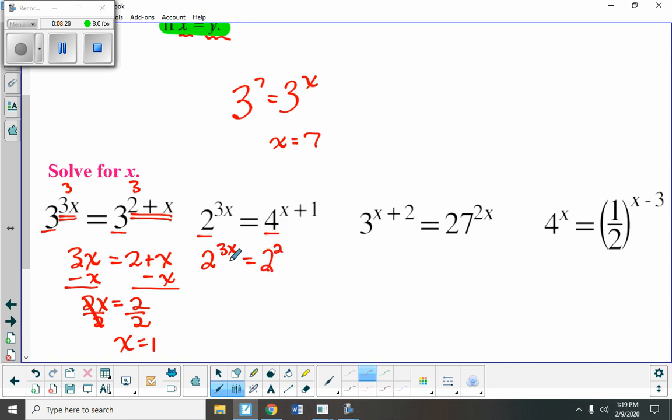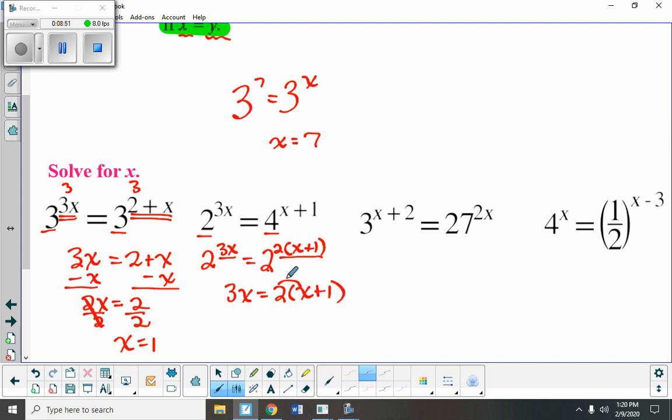Now you have the same bases. But you already have an exponent up there, so you have to write it with parentheses around it. So it's 2 to the second times the quantity x plus 1. Now that the bases are the same, set the exponent parts equal, and then you solve the equation.